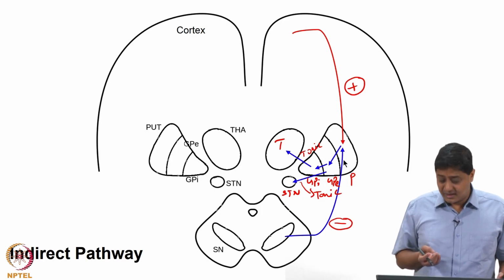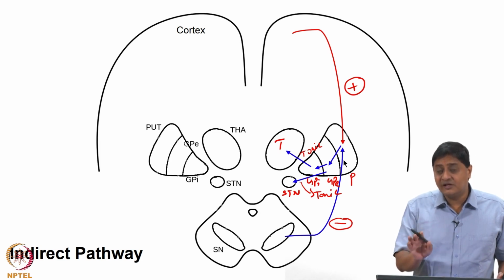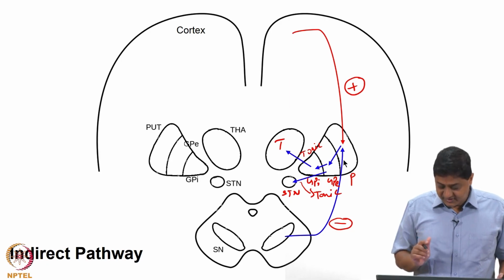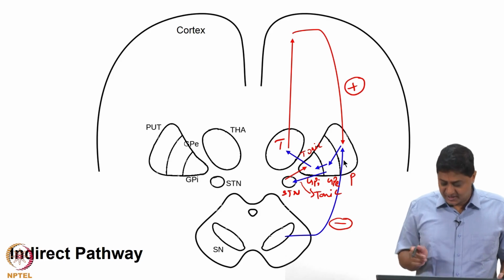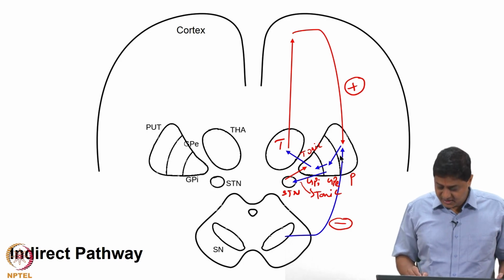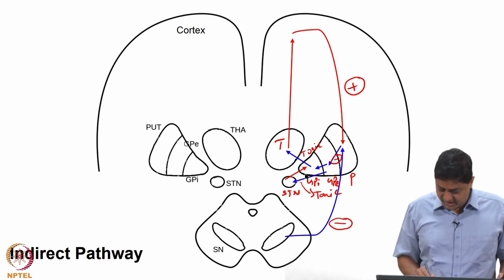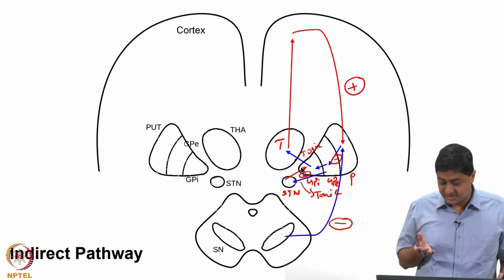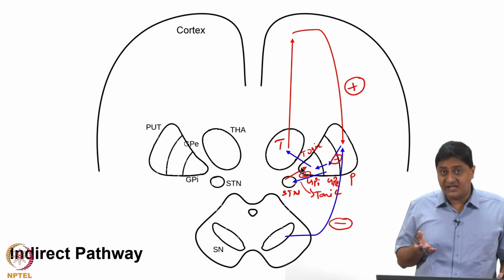GPE neurons are inhibited, and these neurons are tonically inhibiting the subthalamic nucleus neurons. Important to note is that the subthalamic nucleus itself is having an excitatory influence on the globus pallidus internal. So, that means essentially there is one minus here and another minus here, and these two minuses cause an increased probability of excitation of the subthalamic nucleus, increasing the activity of the subthalamic nucleus neurons.